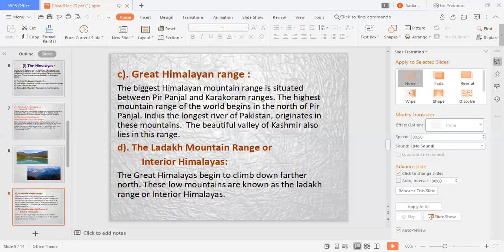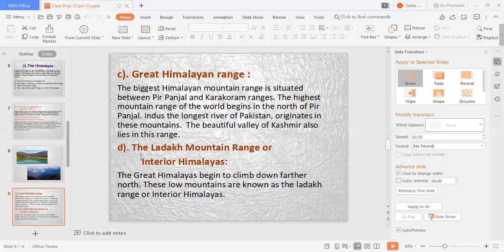And the most important thing that Indus River also originates in these mountains because of the heavy snowfall. When the snow melts, then the Indus River also flows fast, and the beautiful valley of Kashmir also lies in this range.